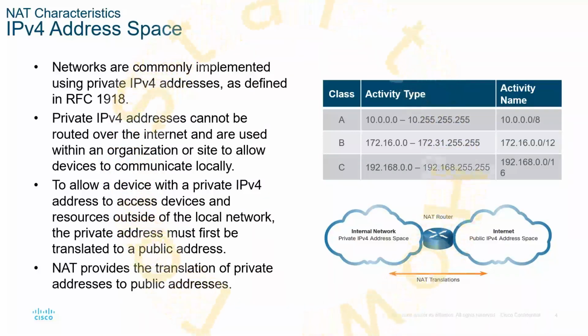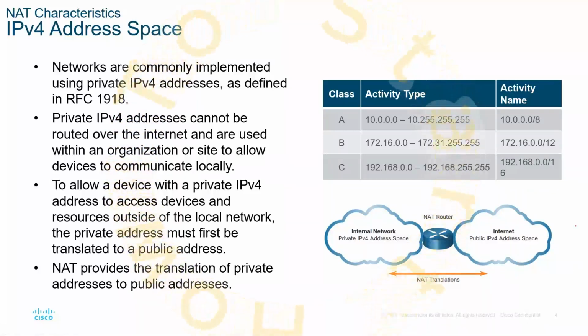Well, when we're talking about NAT, the purpose of NAT is essentially to take all of our private address spaces and allow them the ability to get on the internet. And we do that through the network address translation, because the purpose of NAT is to provide the translation between private addresses to a public address.